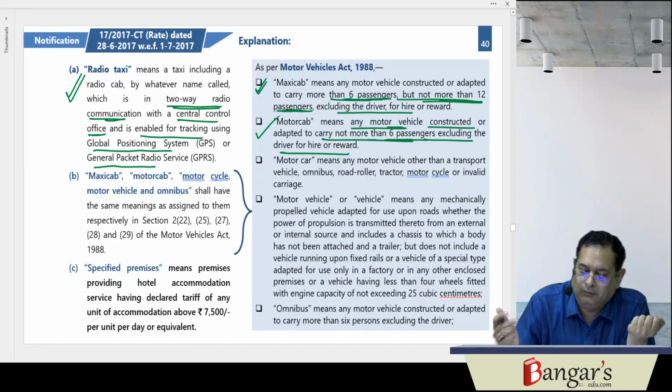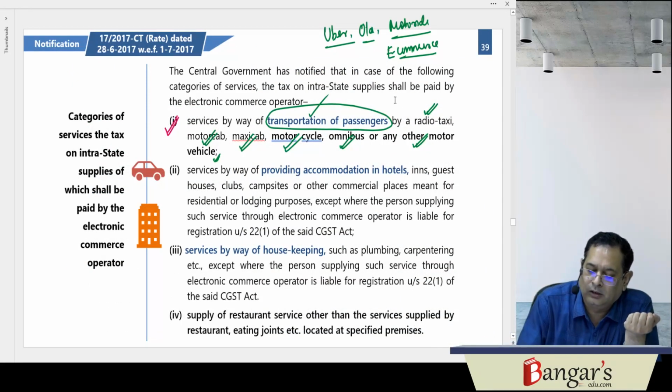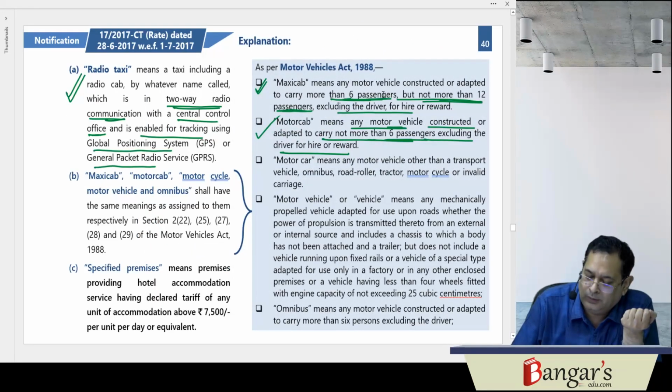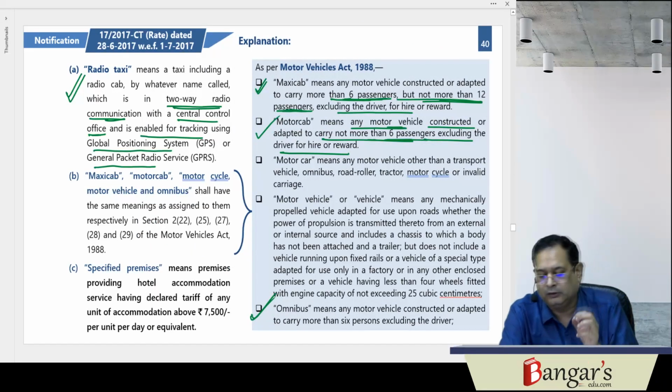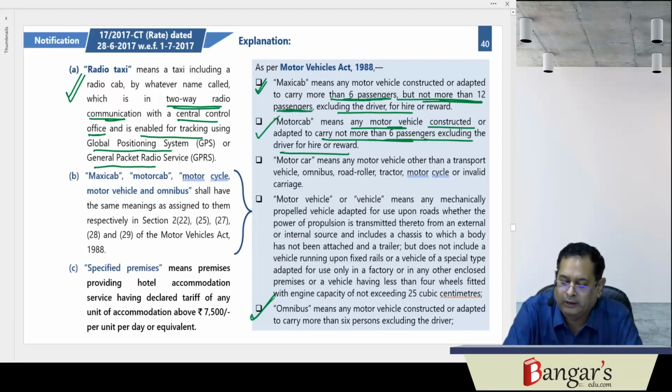So it can be a motor cab, a maxi cab, a radio taxi, or an omnibus or any other vehicle. Now what is an omnibus? Omnibus means any motor vehicle constructed or adapted to carry more than 6 passengers, excluding the driver.